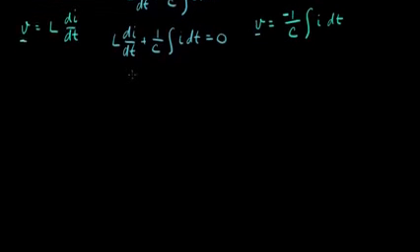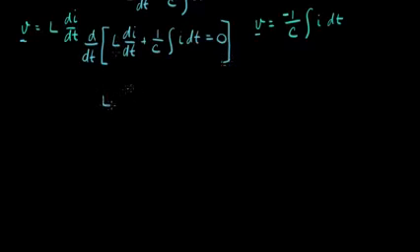Now, since I'm not used to having integrals inside equations, I'd rather have derivatives, since I have some experience with differential equations. If we take a derivative of this whole equation, we're going to take a derivative with respect to time of this whole thing here. And that gives us the second derivative of the first term.